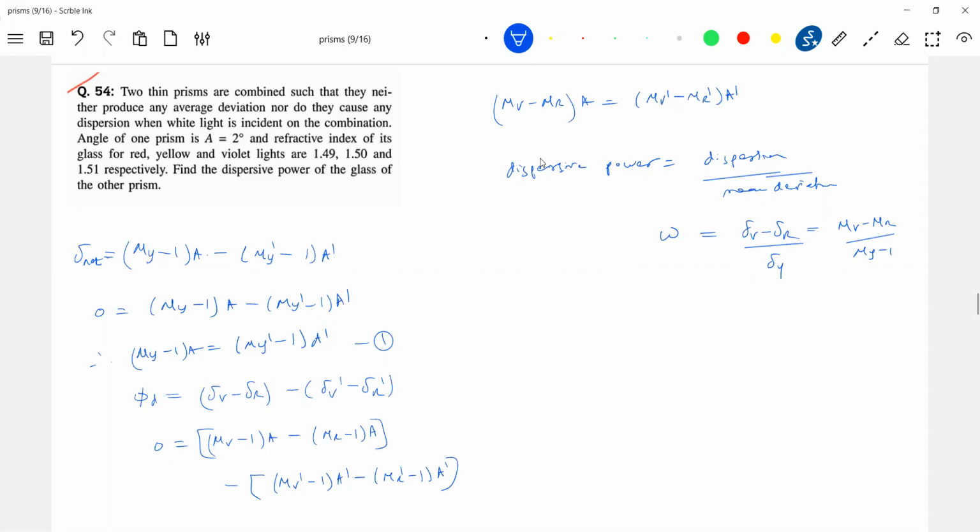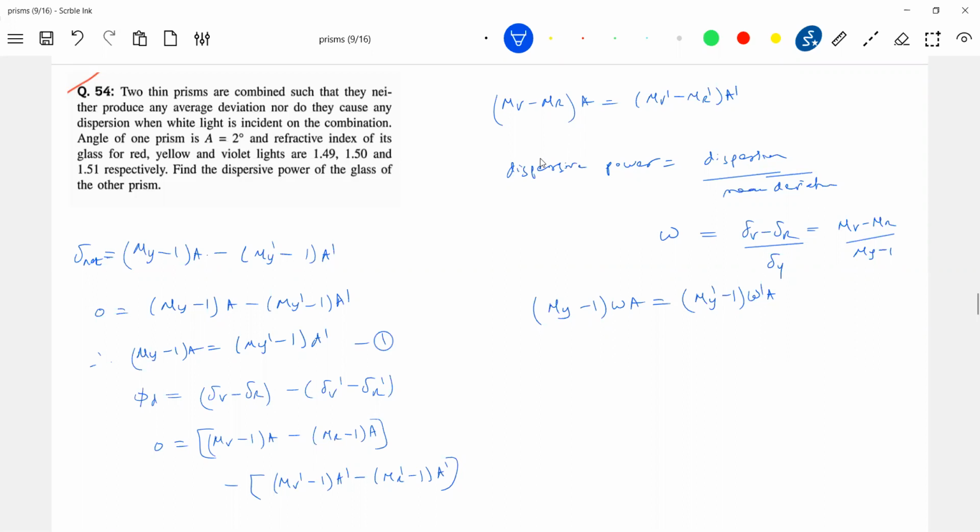Omega is what? We had a typical symbol. So what shall I do now? In place of mu v minus mu r, shall we write it and divide? Okay, I'll do one thing. Mu y minus 1 into A equal to, I'll bring this much that we have here.